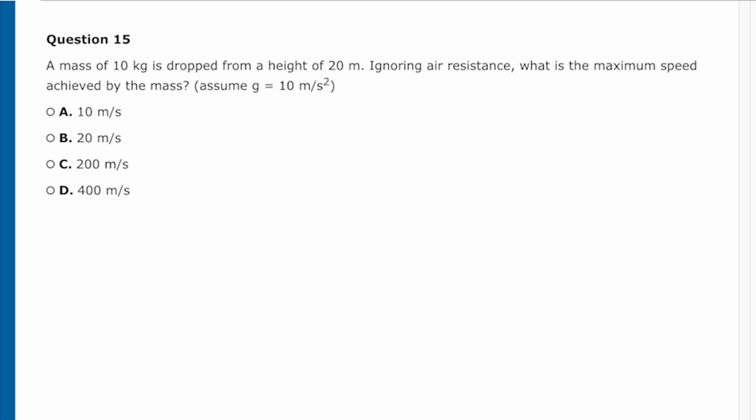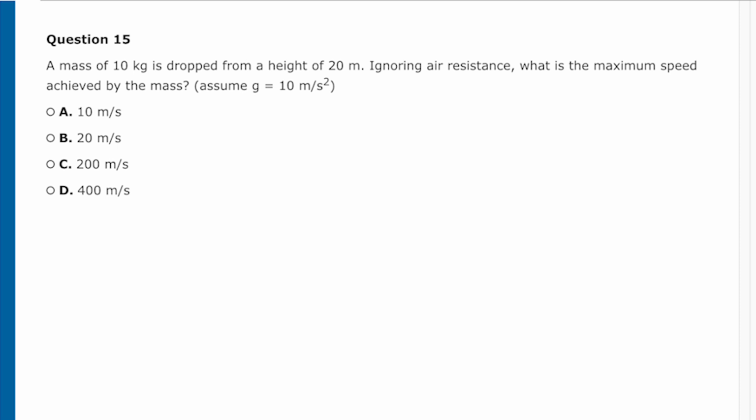So maximum speed, not acceleration, speed. For a velocity overall. Now, does the velocity change based on weight? I think it does, right? Because we have a feather. The speed that goes down is not very fast versus a bag of bricks. So the speed does change.